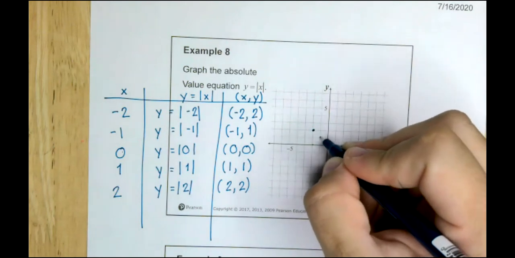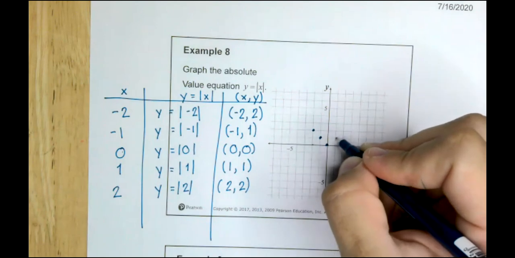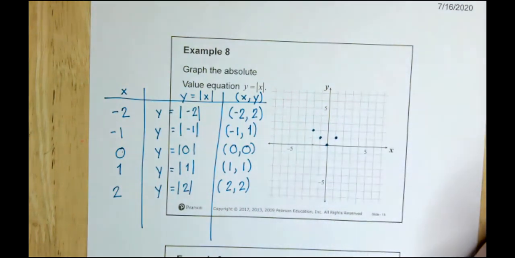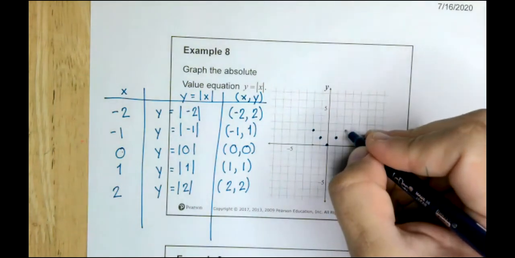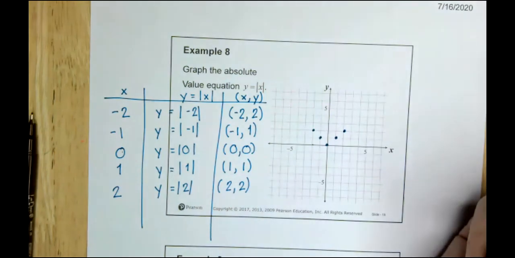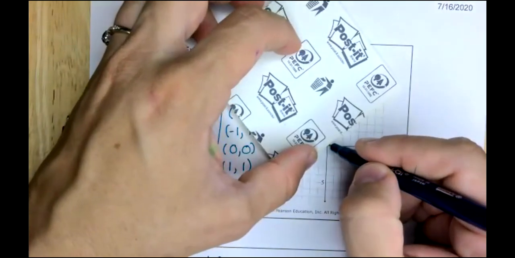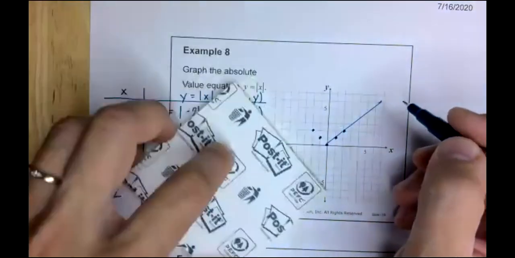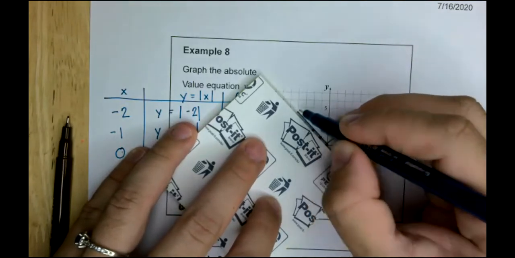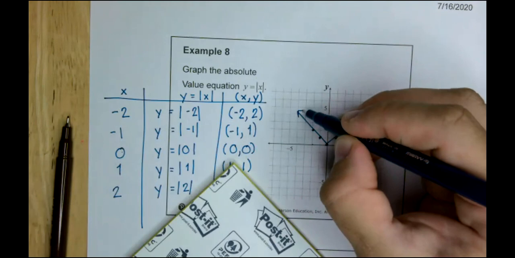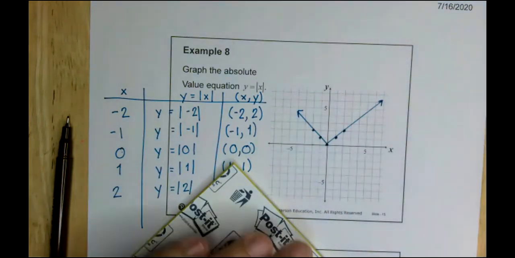X negative 1, y positive 1. 0, 0. X positive 1, y 1. 2, 2. So it looks like this is not a straight linear equation. It will never cross below the x-axis, okay.